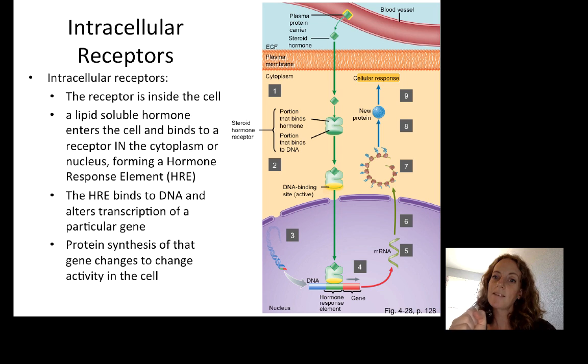So the second messenger cascades, the water-soluble type hormone signaling, generally changes proteins that are already present in the cell. The intracellular receptors, or the lipid-soluble molecules, can actually create and make new proteins within the cell. It's not that water-soluble molecules can't also do that, it's just more common with the intracellular type receptors and a more direct activation of genes here.